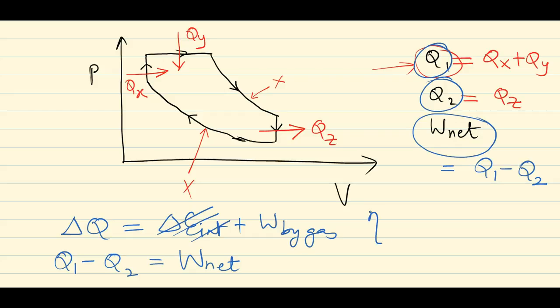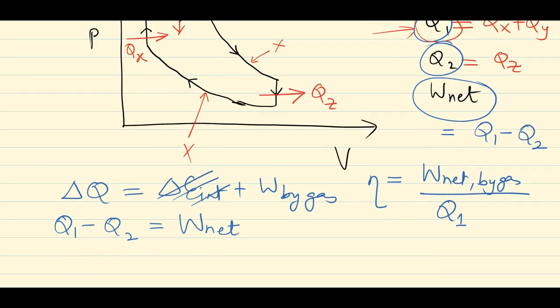The efficiency of a heat engine finally is given by the net work done by the gas, divided by the heat Q1 which is supplied. It's not the net heat, it is the heat supplied by the hot reservoir.